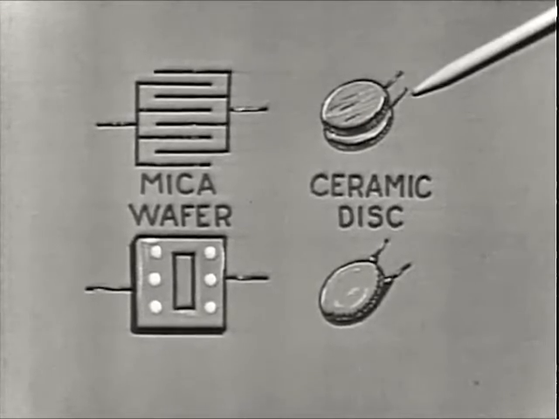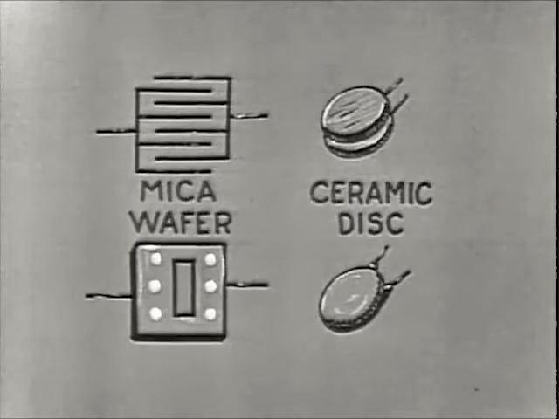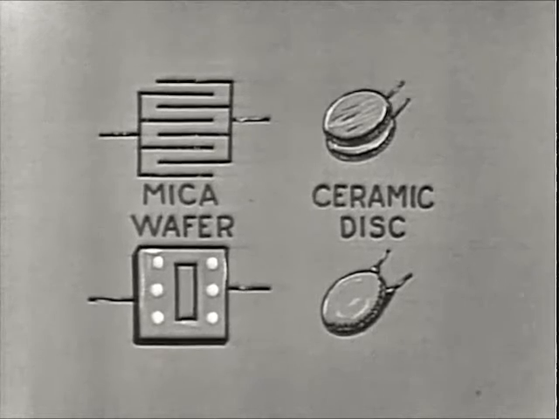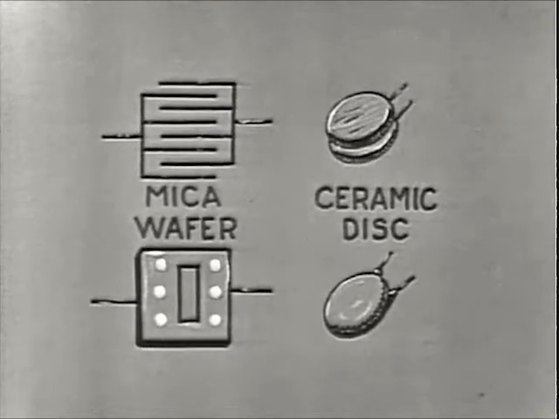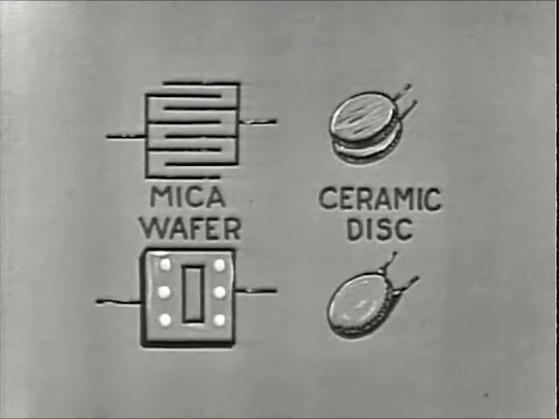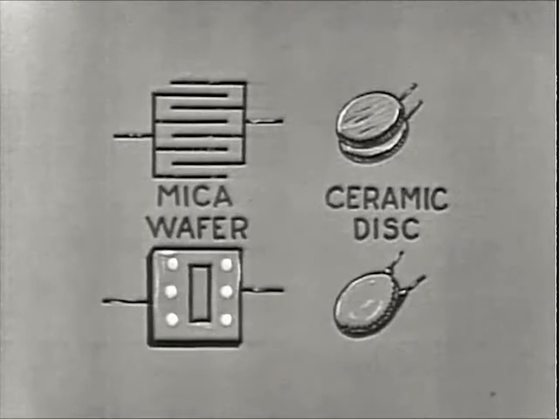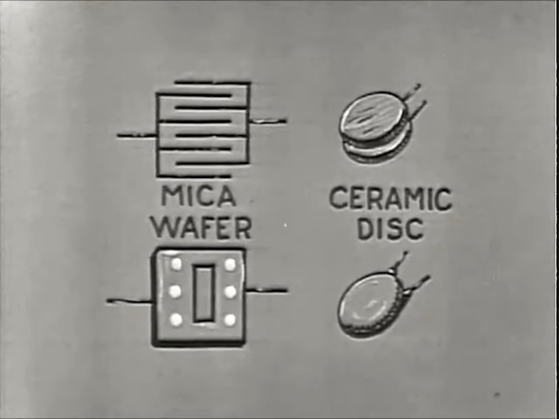Sheets of ceramic material are placed between these plates, and the entire assembly is coated with a plastic material. In both cases, the outside plastic coating acts as a protective covering against humidity.